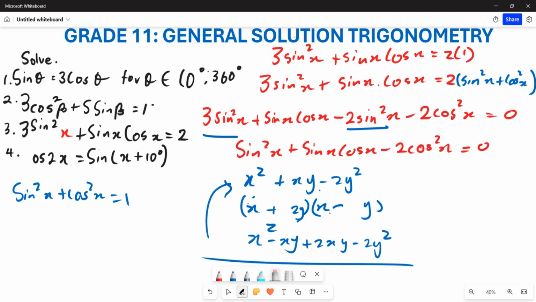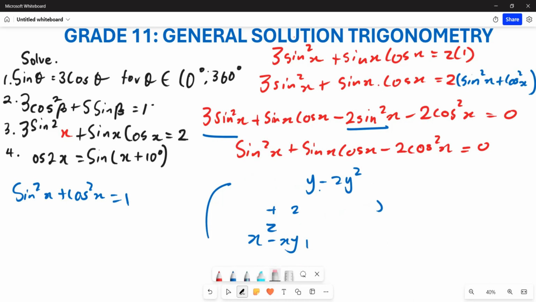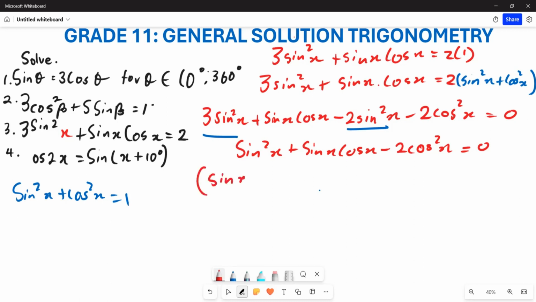So if that's what we have, I am saying to you now, you can still factorize this, right? I wanted you to see that you can actually be in a position to factorize this. Now, when you want to factorize this, how are you going to do it? This is going to be the same as sine of x, and minus 2 cos x.